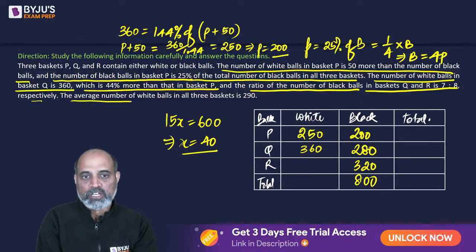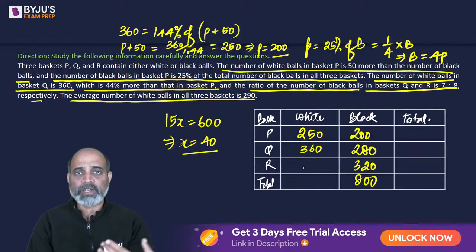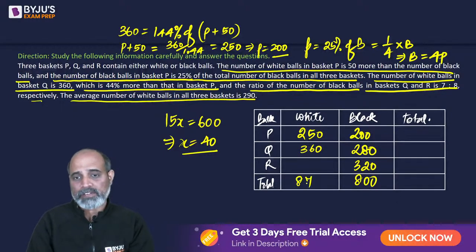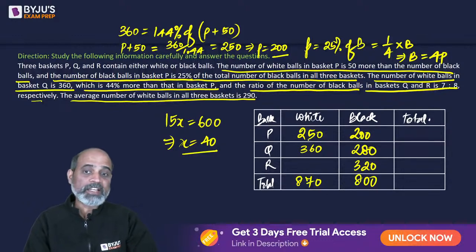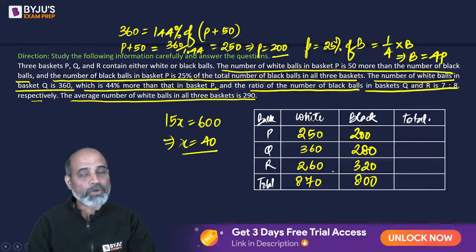Now, the average number of white balls in all the 3 baskets is 290, as in the total number is going to be 290 into 3, which is going to be 870. Out of 870, we can already see 610 exists here, right? So the remaining 260 will go in R. So the total number of balls in basket P is 450.